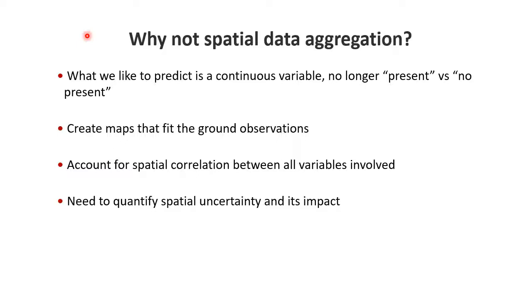What also is not done in spatial data aggregation is that there's spatial correlation between all these variables. We just kind of looked at what I would call the co-located information. So we looked at pixel-wise comparison and compared only pixels that were at the same location. We didn't look at the spatial correlation that may exist between pixels at different locations. And then we also, of course, need to quantify spatial uncertainty and its impact.